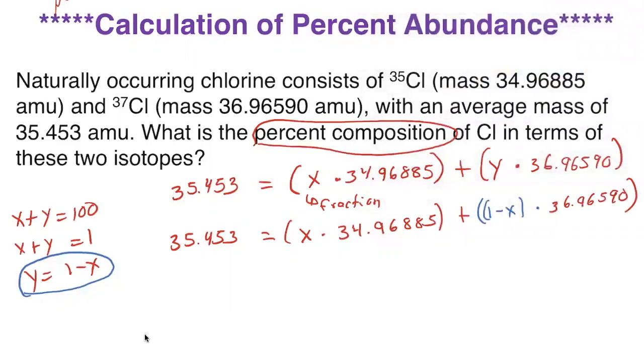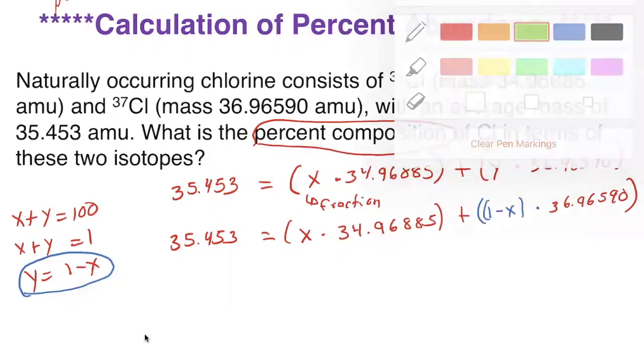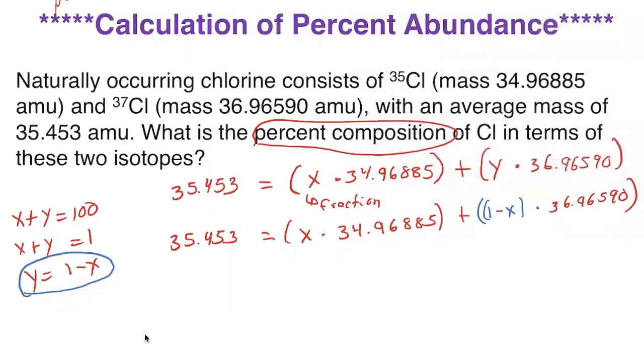And then from there, just solve for X. The only thing that I ask you is to make sure that you know that in this case, your X represents chlorine-35 and your Y represents chlorine-37, because you're going to have to go back and tell me that.